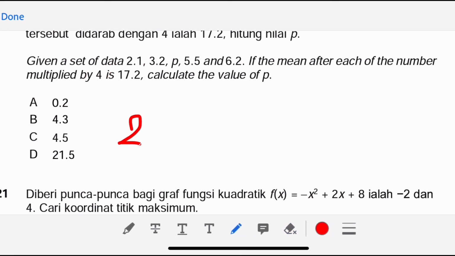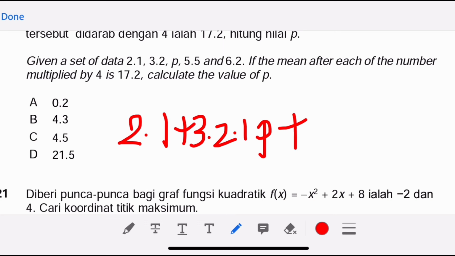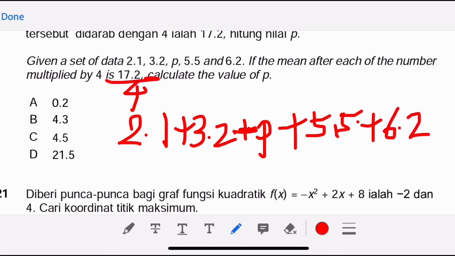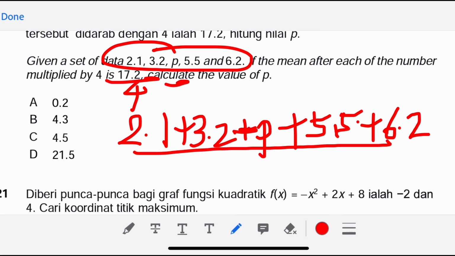We have 2.1 plus 3.2 plus P plus 5.5 plus 6.2. So we can divide by 4 because this is multiplied by 4. So that means we have to do it the reverse way. We divide by 4, so the answer is 4.3.